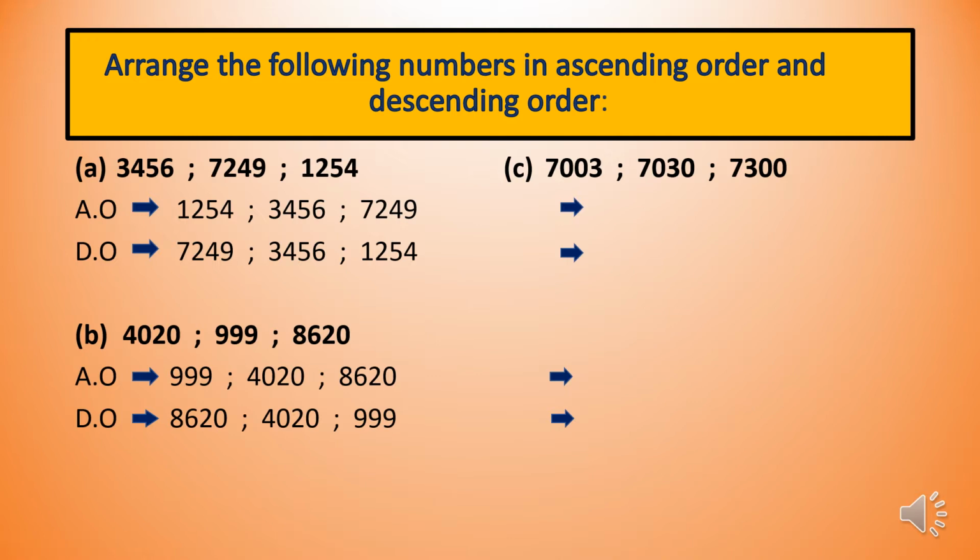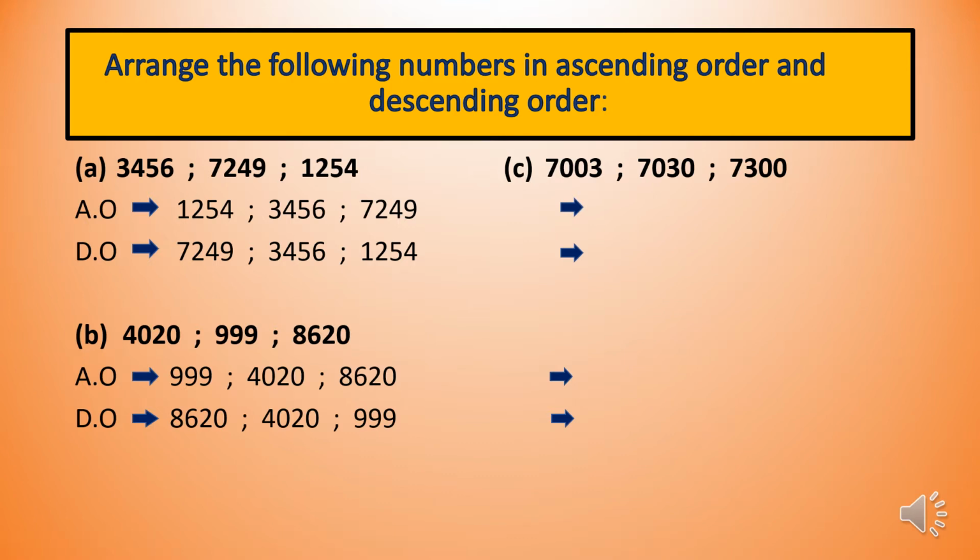The third example here is 7003, 7030, 7300. If you check, all the 3 numbers are 4-digit numbers. Also, the thousands place number is the same. So for comparison, we have to check the hundreds place.